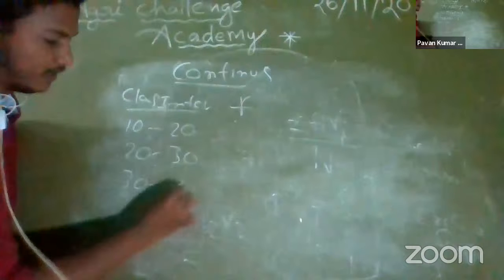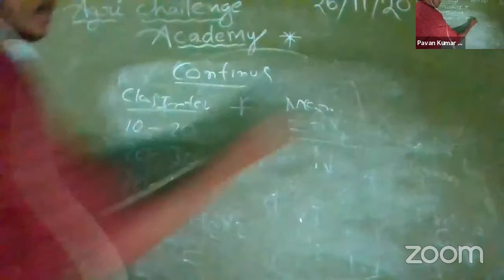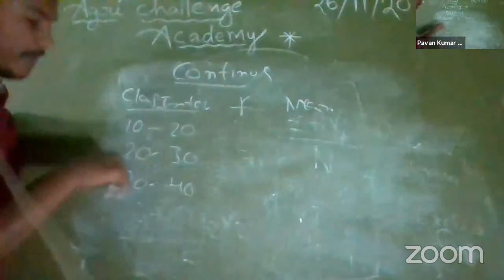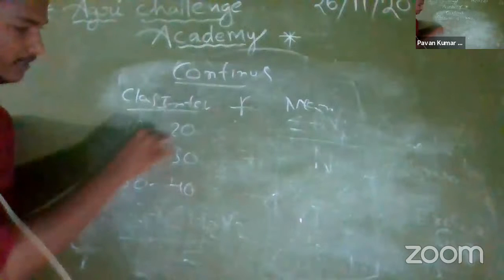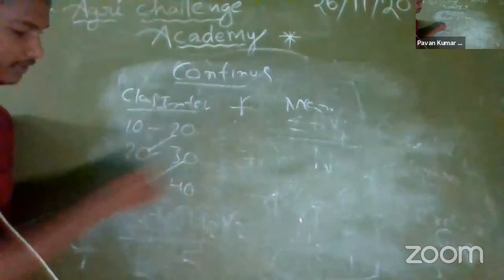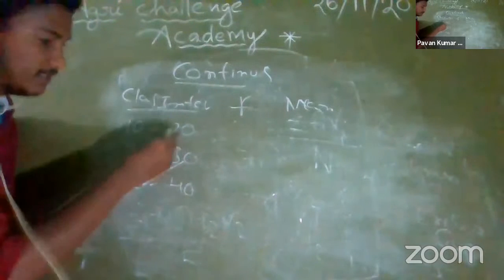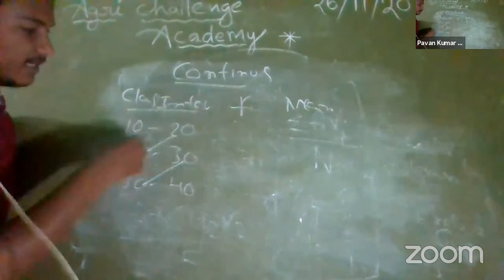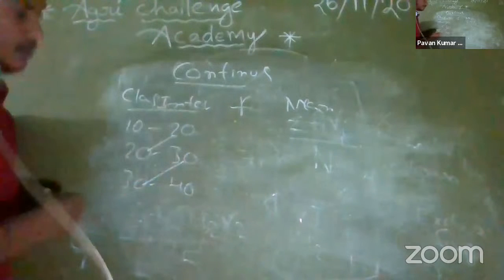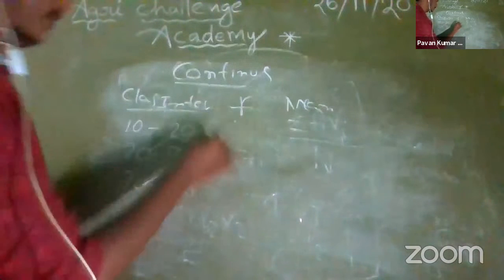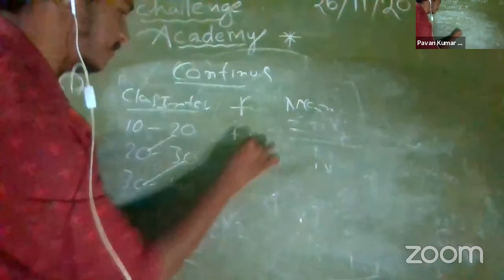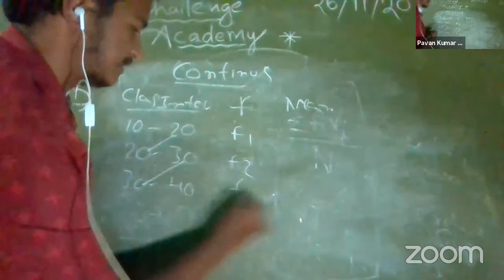For calculating the mean, we need to make classes continuous, so there should be no gap between these class intervals. And frequency, suppose this is f1, f2, this is f3.